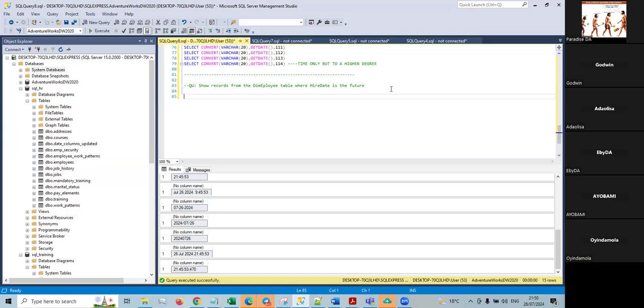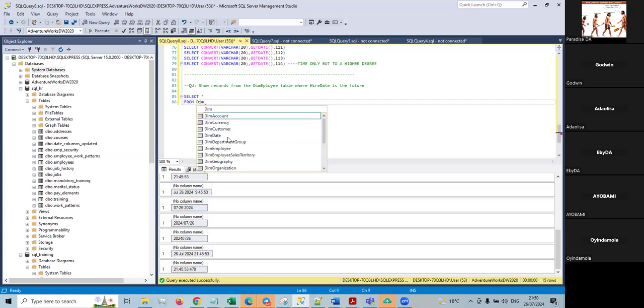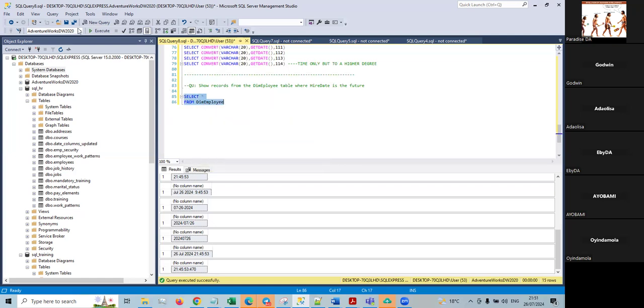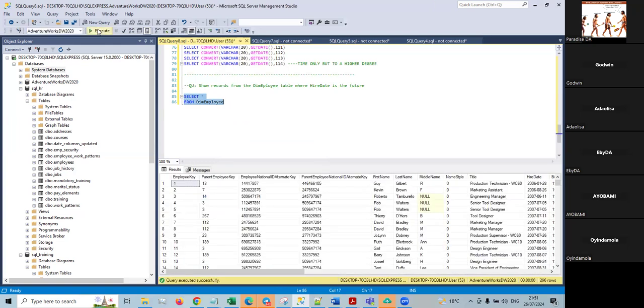We know the dim employee table, right? Let's first of all see what do we have there, first of all. And then the question is saying that we should give where hire date is in the future.